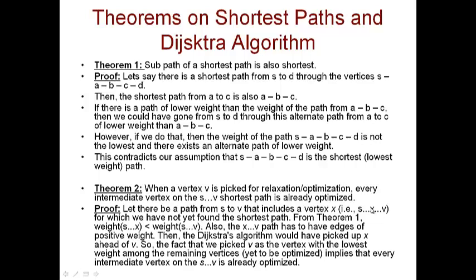Which means the estimate of the weight of the shortest path to X should have been less than V. Only if it has been picked up earlier, meaning it's already optimized, its shortest path weight would be less than the shortest path weight to V. If it has not been picked up, then the weight of the shortest path to X would definitely be greater than or equal to the weight of the shortest path to V, which would further increase the weight of the path from S to V. That is not possible. So the vertex X should have already been optimized. That's what it means.